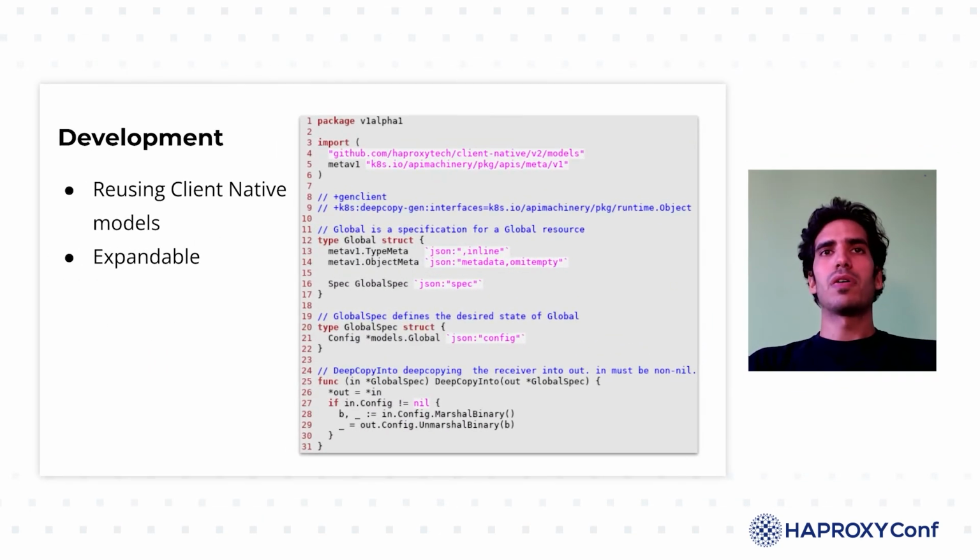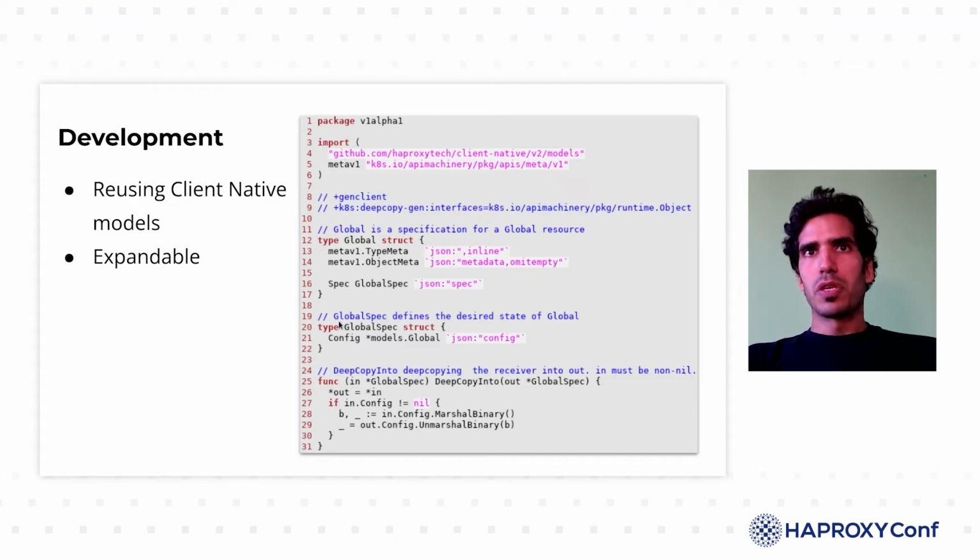Now, in this slide, we can see how we developed or introduced custom resources in Ingress controller. So here we are introducing the new Golang global type. And you can see in the spec, we are using models from client native.